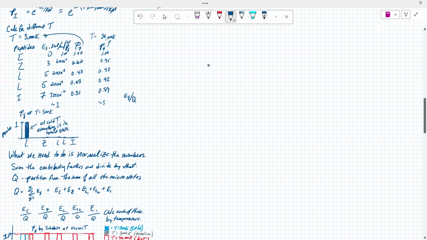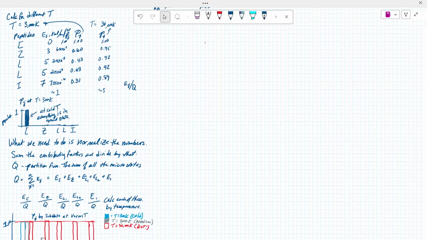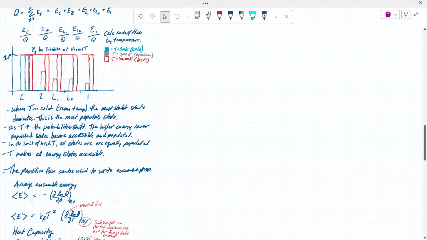So these are going to work out to be all about equally probable, and these are going to work out so that the ground state dominates. And when we make the graph, that's exactly what we see. In the cold temperatures, which are the blue ones, we have a dominant state, the folded one, and as the temperature increases, the substates grow in.